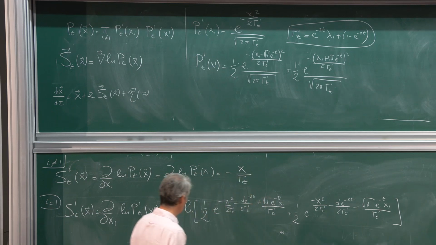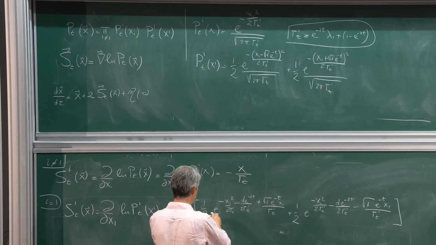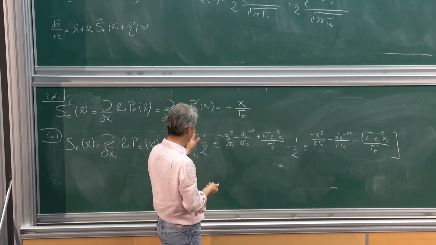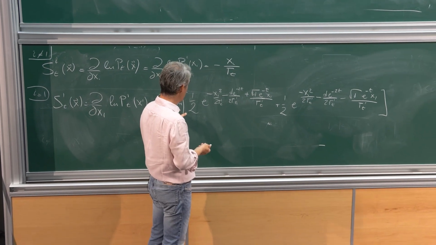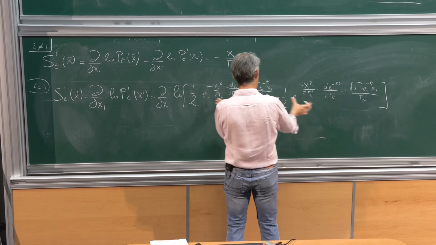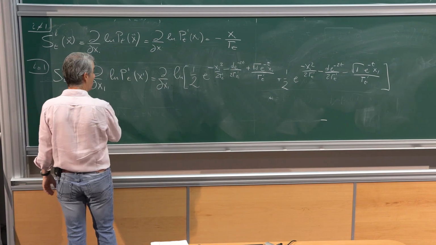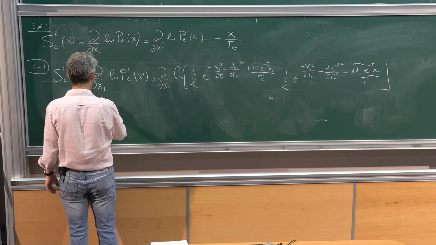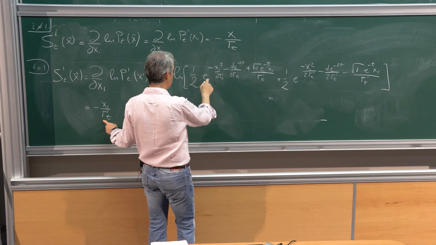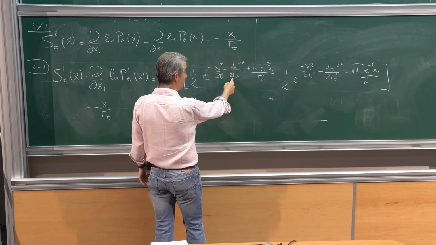Now, when I take the derivative, I can take the 1/2 out, just a constant, so it's not important for the derivative. And these terms have two factors in common, so I also take them out. What I get is minus x1 divided by gamma 1t. This is the derivative of the log of this term. The derivative of the log of the constant term is nothing.